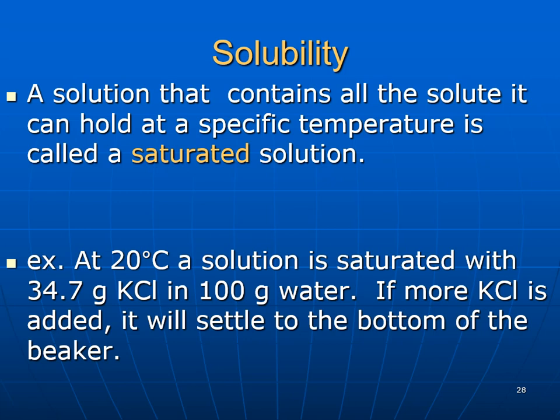If we add more, all that's going to happen is the extra potassium chloride is just going to settle down to the bottom. It won't go into solution. But if we change certain properties of the solution, we might be able to get more to dissolve.